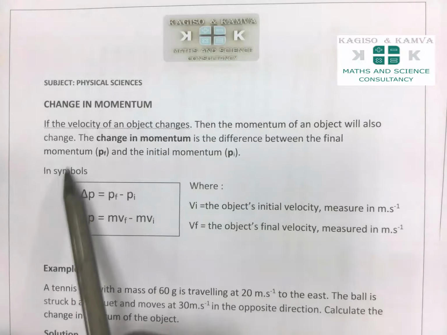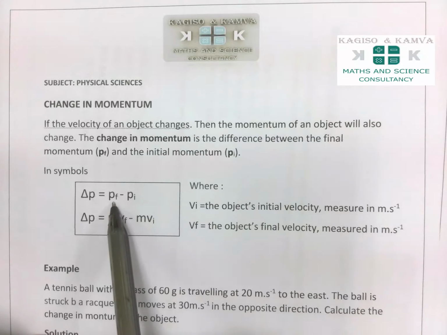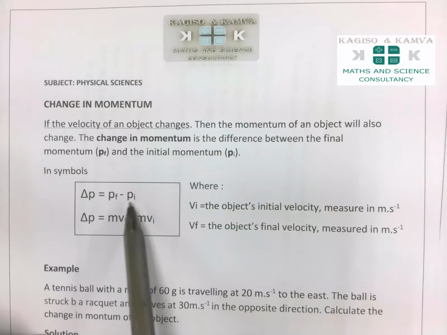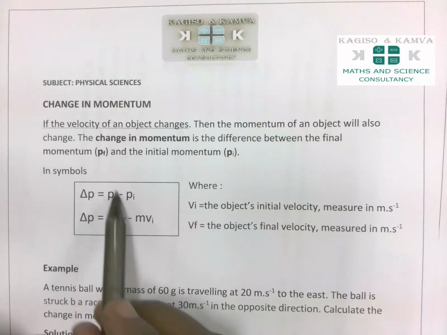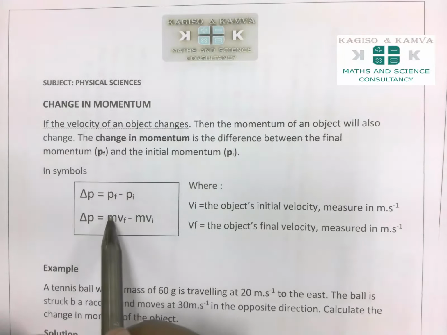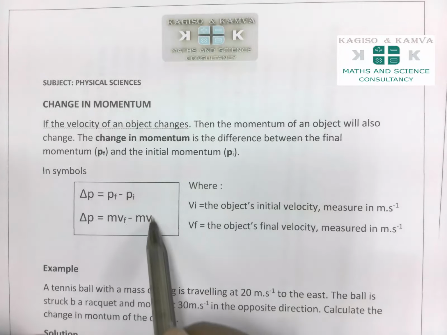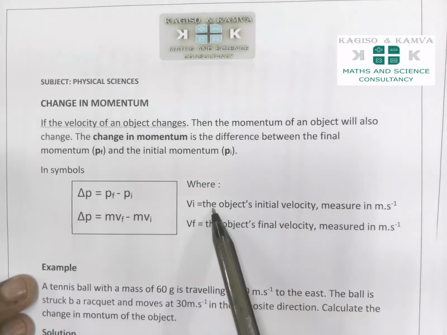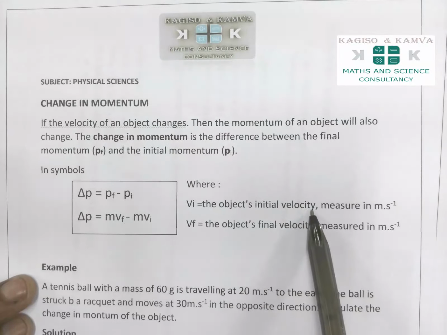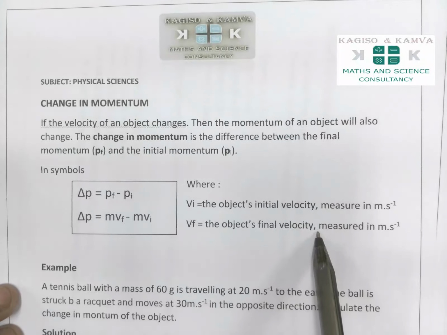In symbols, change in momentum is equal to momentum final minus momentum initial, which is mvf minus mvi, where vi is the object's initial velocity and vf is the object's final velocity.